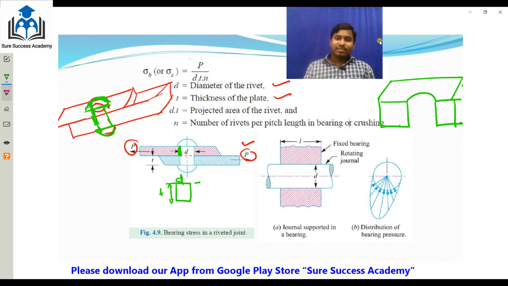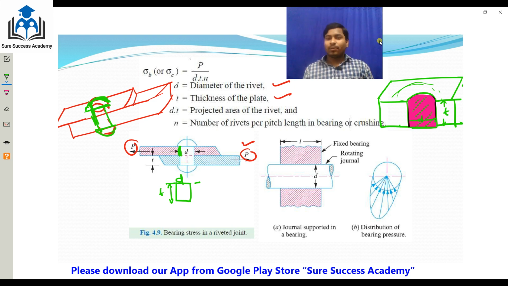If you see here, this is the diameter of the rivet, and this is the thickness of the plate, and the rivet is here. This is the localized compressive area.